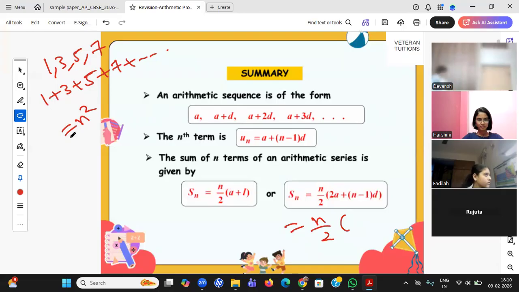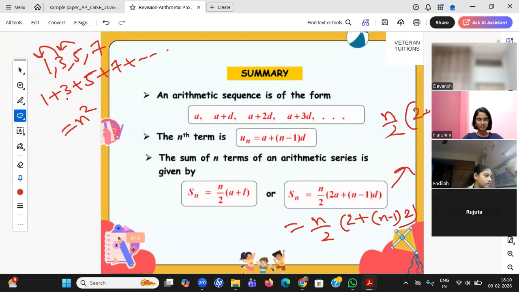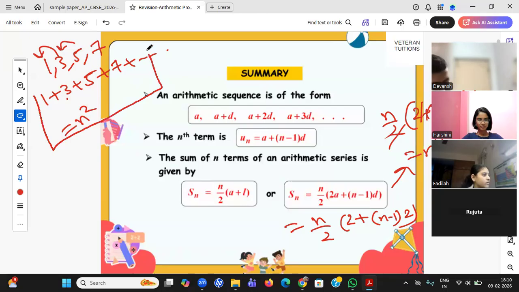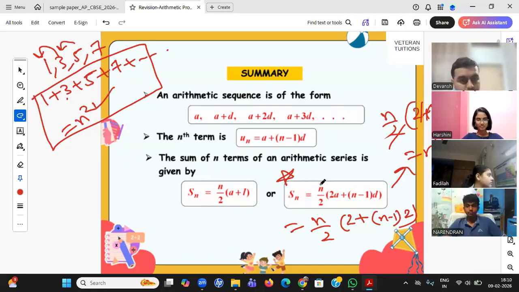The first term a is 1, and the difference is 3 minus 1, 5 minus 3, which is 2. If you just work it out, you get n by 2 into 2 plus 2n minus 2, the 2s get cancelled, and you get n square. Sum of odd numbers is n square, student. If you have good memory power, remember this. If you don't, remember the master formula, from which you can frame all the formulas.